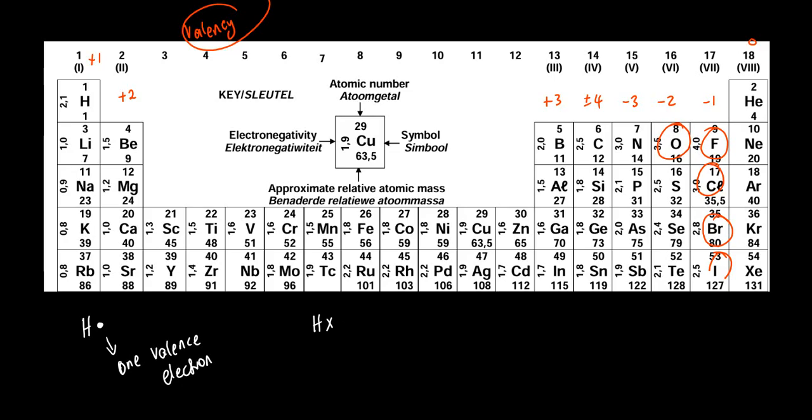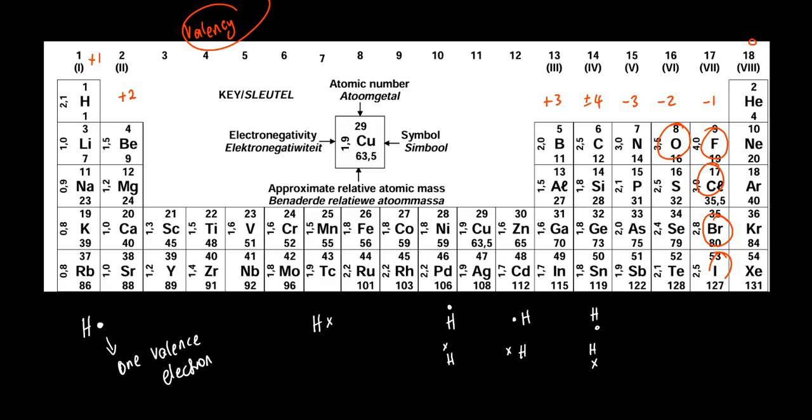You can use dots or crosses, just a small cross. And this dot, you can put it anywhere. You can put it here, or there. Even the cross, the same thing. Okay, so this is how we then draw the Lewis structures.